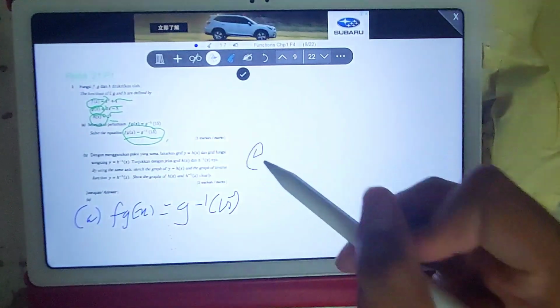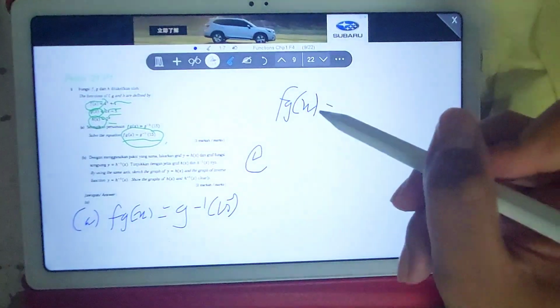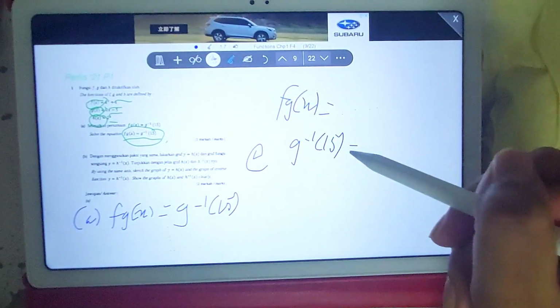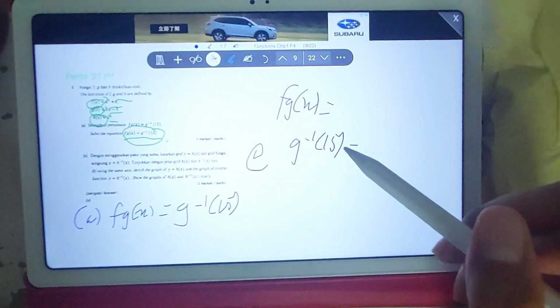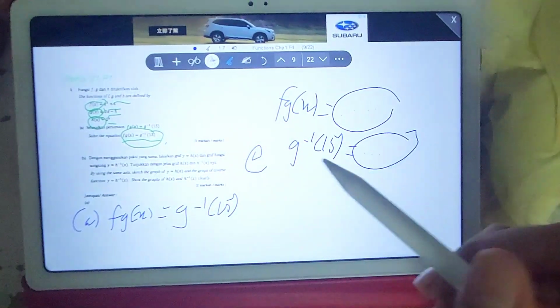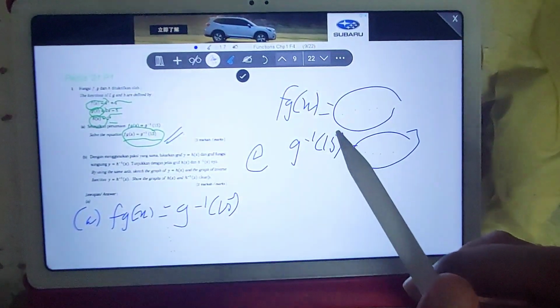Or another way is you can do f(g(x)) first and find the answer, and do g inverse 15 and find the answer, and after that you make both of these answers equal to each other based on the equation here. So those are two ideas I can think of for this question.